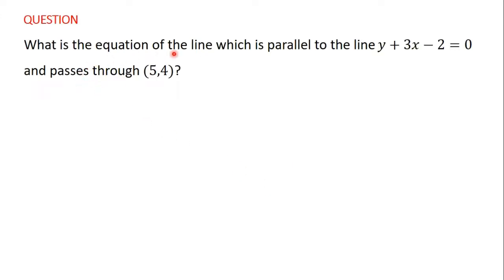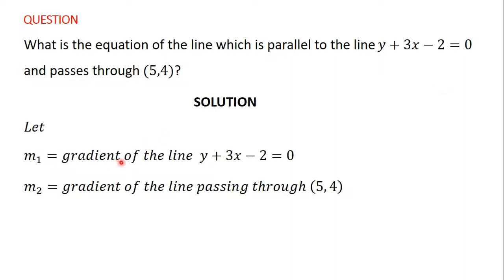So the question wants us to find the equation of the line that passes through the point (5, 4) and is parallel to the line y + 3x - 2 = 0. Let's represent the gradient of the line y + 3x - 2 = 0 with m1. And then we will represent the gradient of the line that passes through the point (5, 4) with m2.